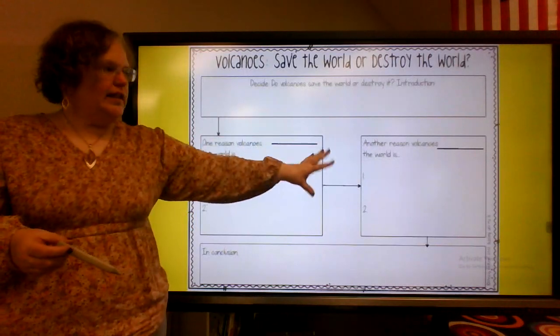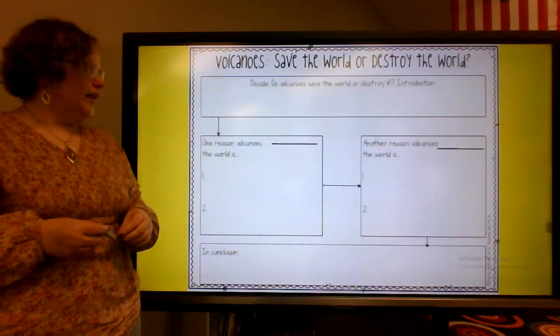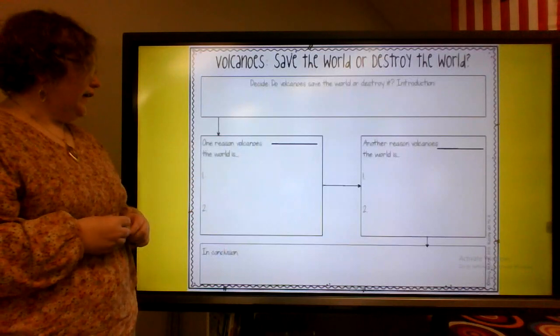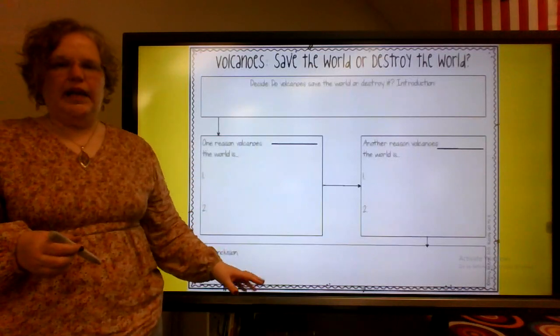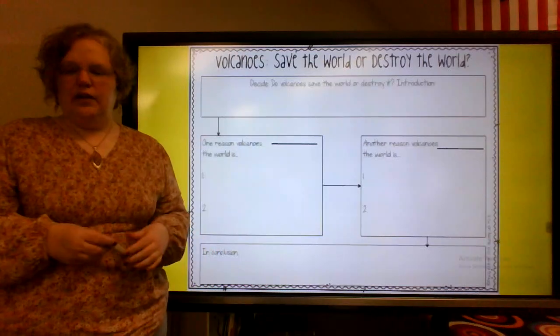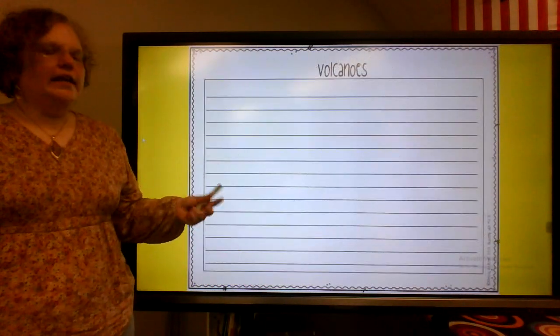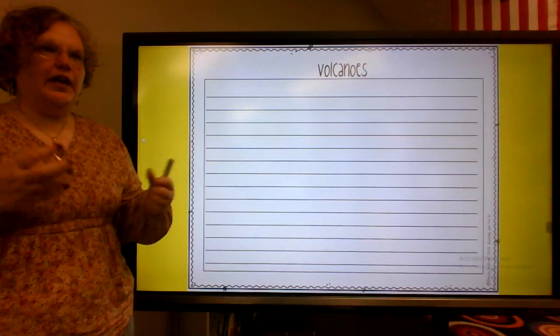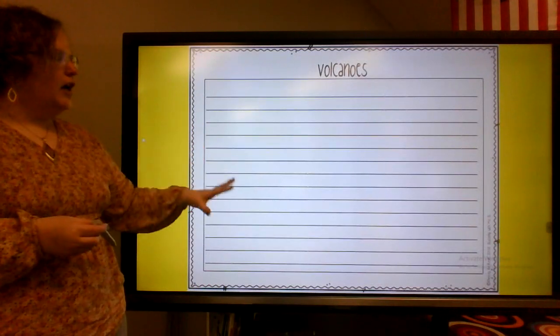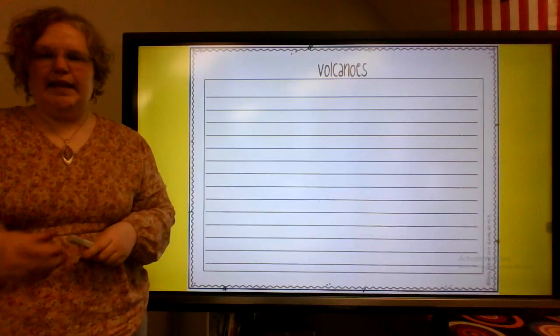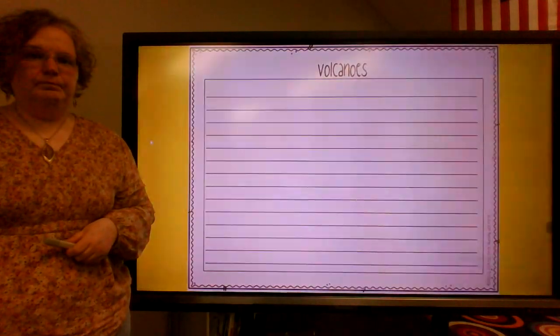And the information that they had discovered, whether it's positive or negative, they're going to fill in this graphic organizer and then give their opinion at the end or how they feel about the text. Then after they have finished gathering all their information, they can write their essay on this last page of their packet.